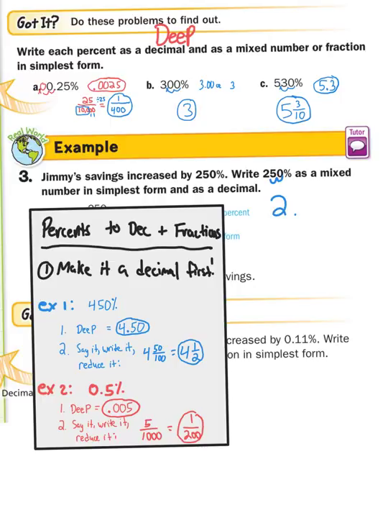It becomes 2.5. That's my decimal. Now for my mixed number, say it, write it, reduce it. 2 5/10, or it reduces to 2 1/2. Now I bet if you thought of it, you knew 2.5 was 2 1/2 anyway, and you wouldn't have even had to reduce it. All right, that's how you do that one.